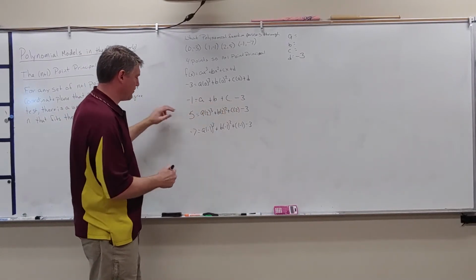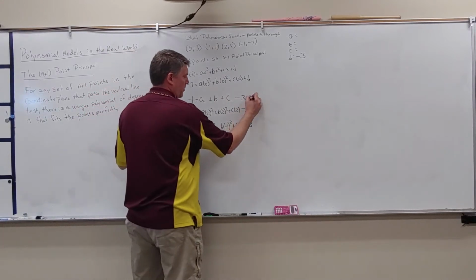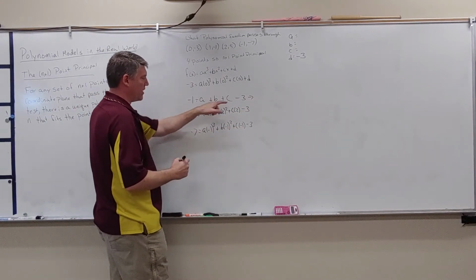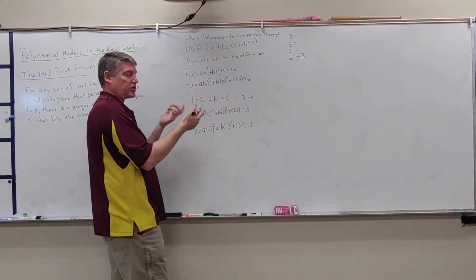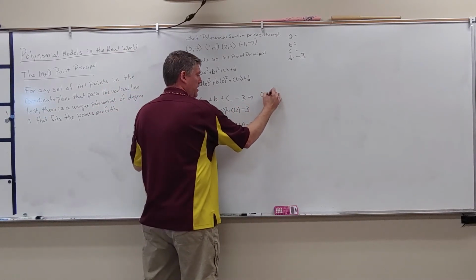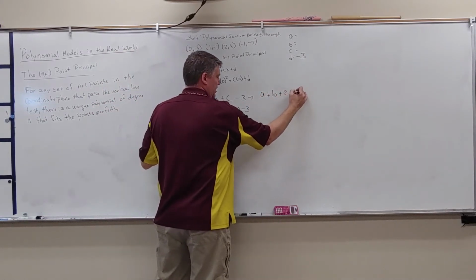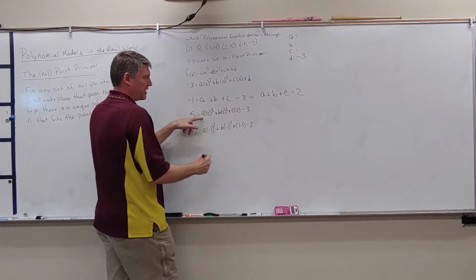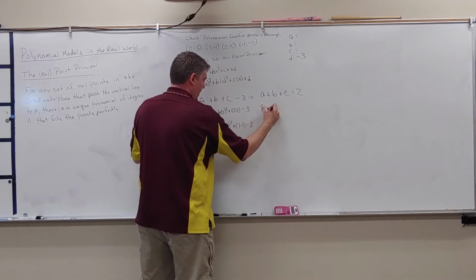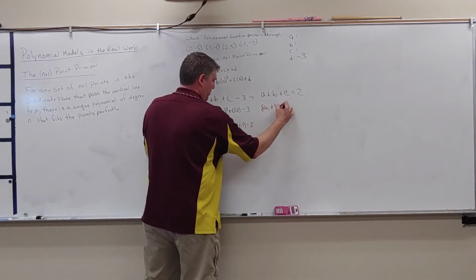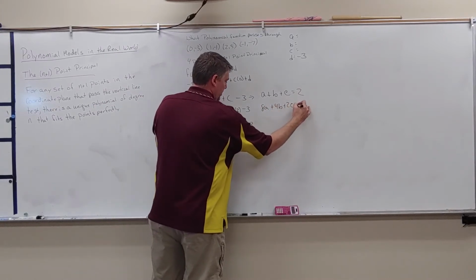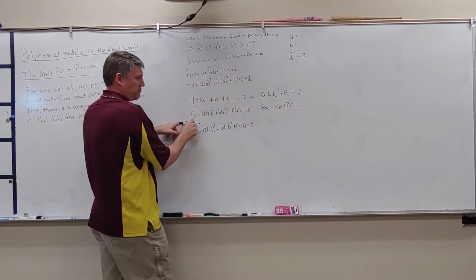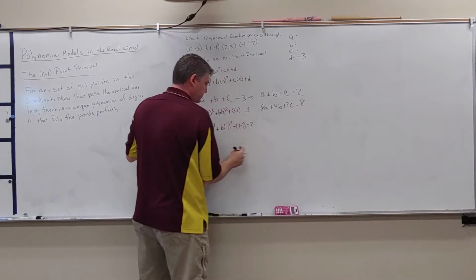So when I add 3 over here, I'm going to rewrite that one here. I'm going to change the order so my variables are first. So a plus b plus c equals 2. 2 cubed is 8, so here I have 8a plus 4b plus 2c equals 5 plus 3, which is 8.